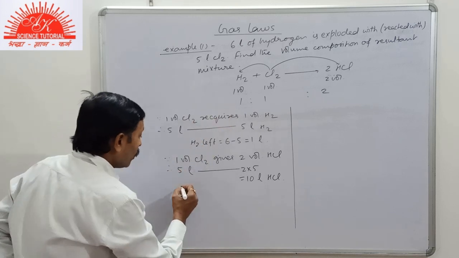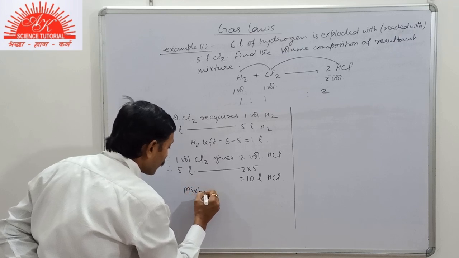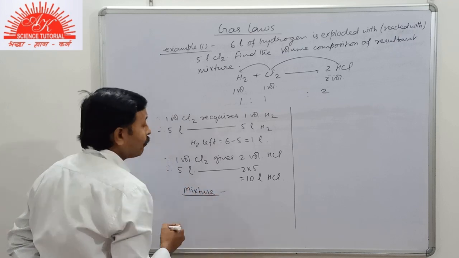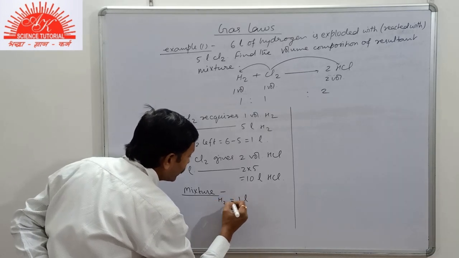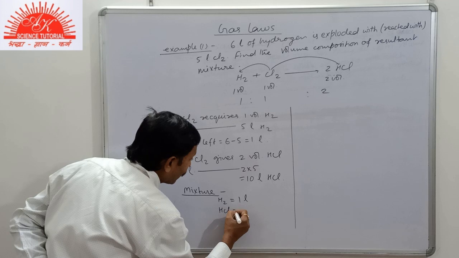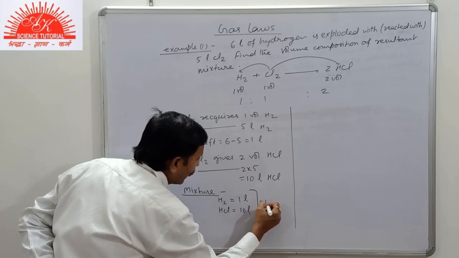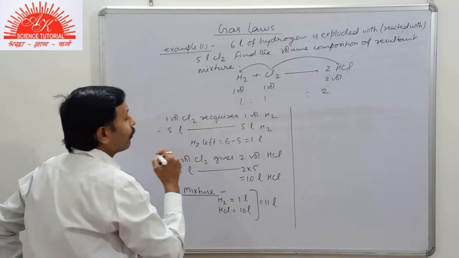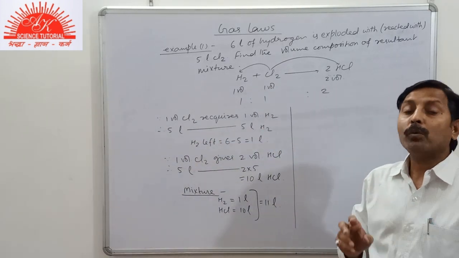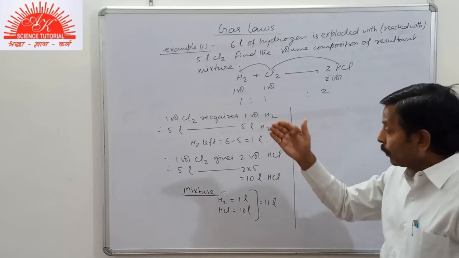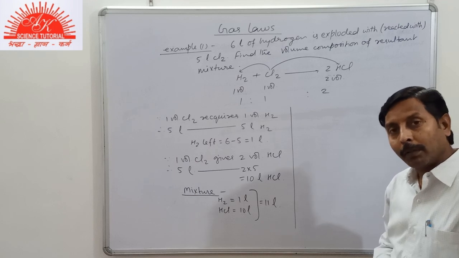So we have calculated the volume of product obtained, we have calculated the volume of reactant used. So what will be the composition of resultant mixture? Resultant mixture will have hydrogen 1 liter and HCl 10 liter. In all there is 11 liters. So this is the composition of resulting mixture. You have to use the unitary method to calculate it.